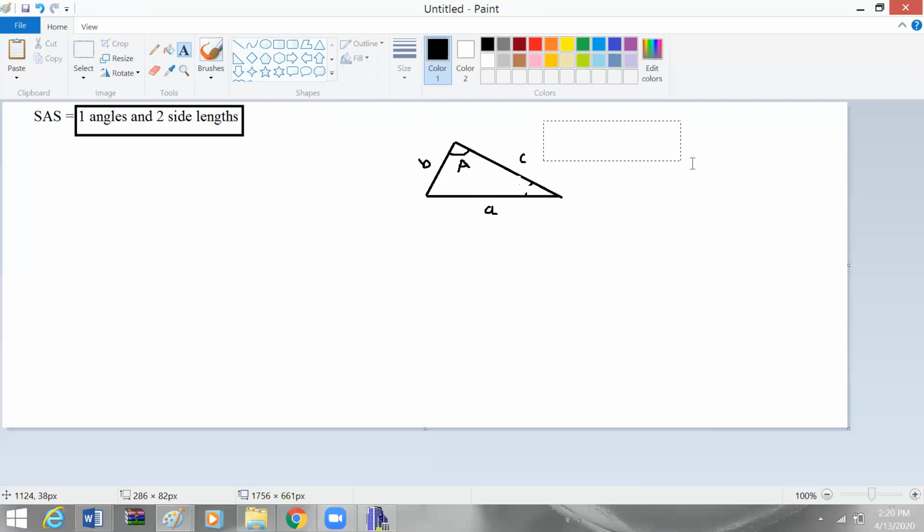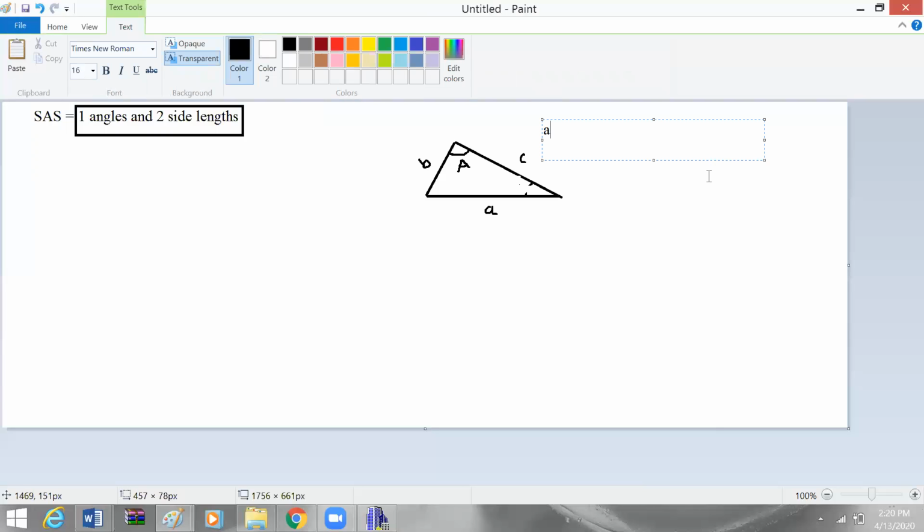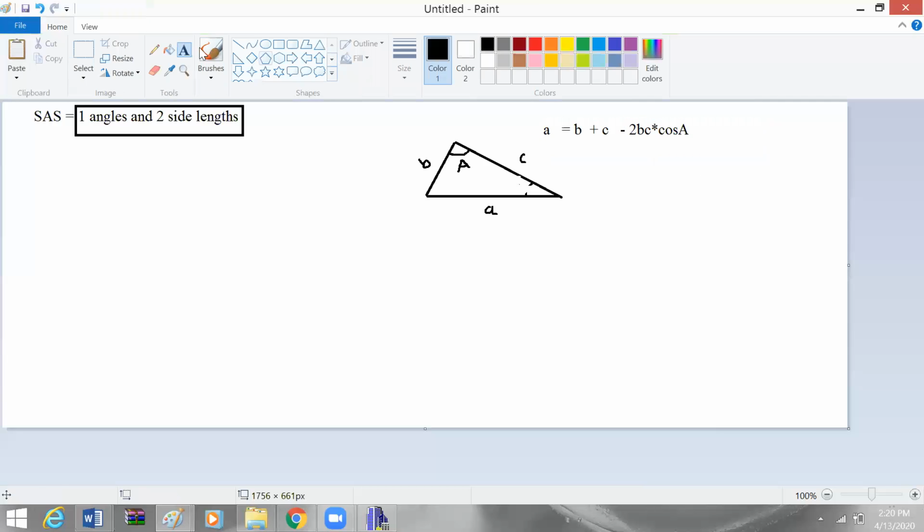What we have to do is take a squared equal to b squared plus c squared minus 2bc times cosine of A. This is what we need to remember: a squared equals b squared plus c squared minus 2bc cosine of A.